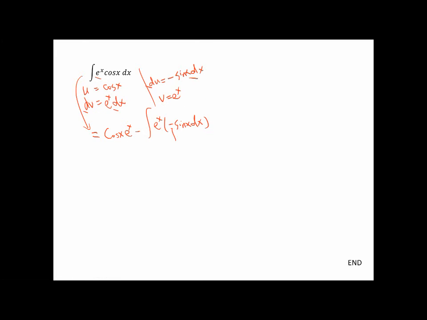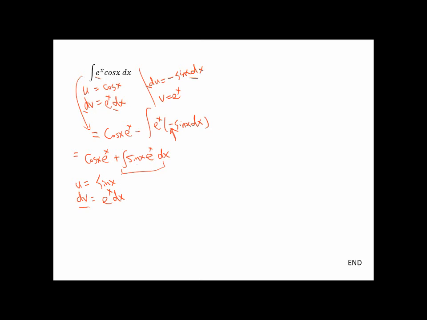I want to take this negative sign out, which equals cosine x e to the x plus integral sin x e to the x dx. Here comes integration by parts again. u dv: e to the x dx. I surely want to put it at dv, right? So u is what? Sin x.